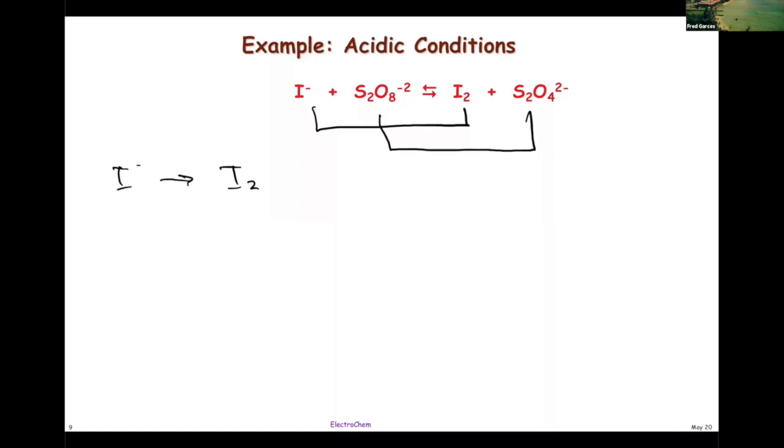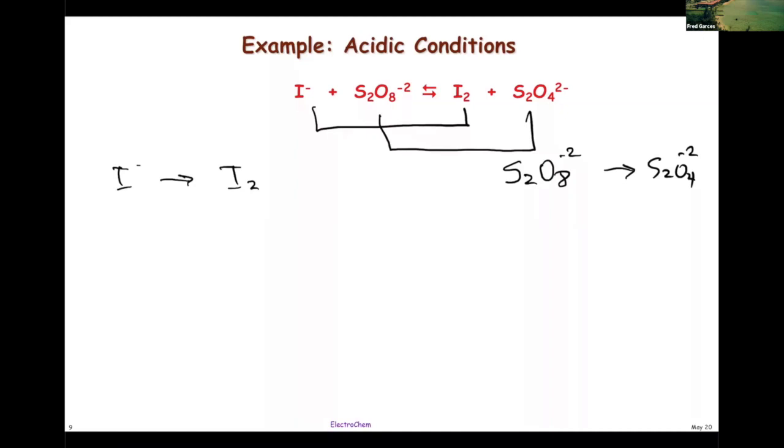The other half of the reaction is S2O8^2- goes to S2O4^2-. So what I did there was I broke the equation into two, and I got the two half reactions. One is an oxidation, the other is a reduction. At this point, it doesn't really matter which is which.